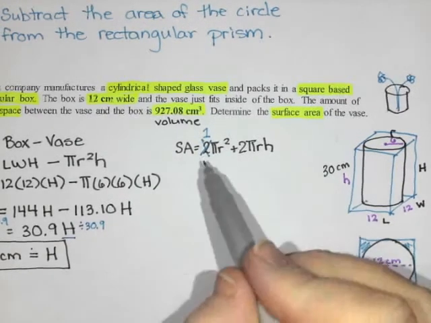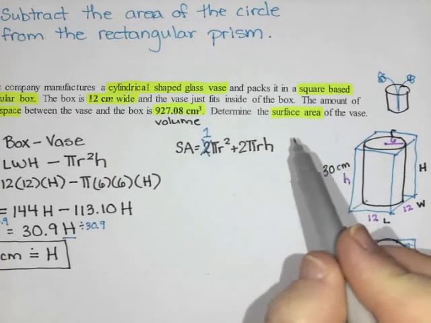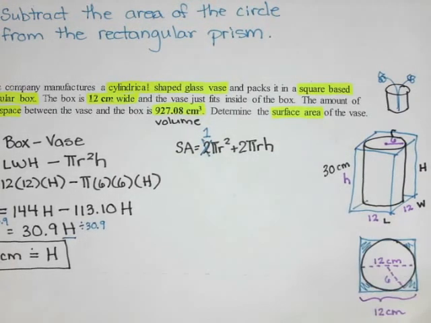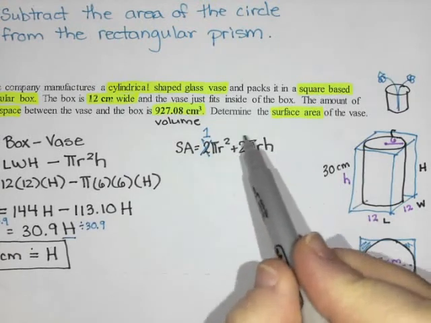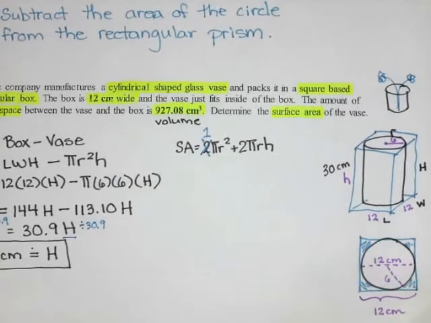You could also do 2 pi r squared plus 2 pi r h and then subtract 1 pi r squared, so to subtract the top. I don't touch the 2 pi r h. I don't take the 2 off of there because that's the side. I don't want to change the side. I only want to take off the top.